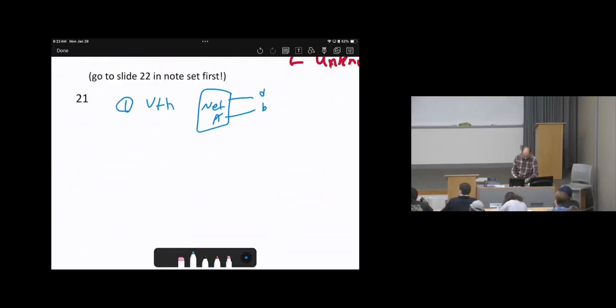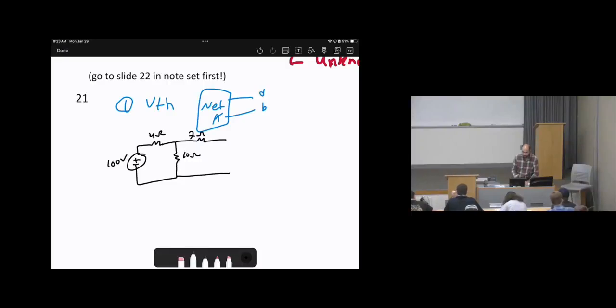So let me redraw the circuit. Here is 100 volts, 4 ohms, 10 ohms, and 7 ohms. Keep in mind the 8 ohms is with network B, so we leave it out.